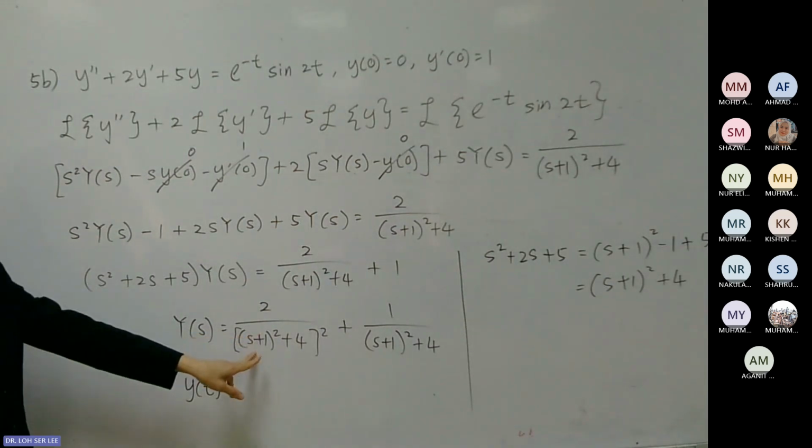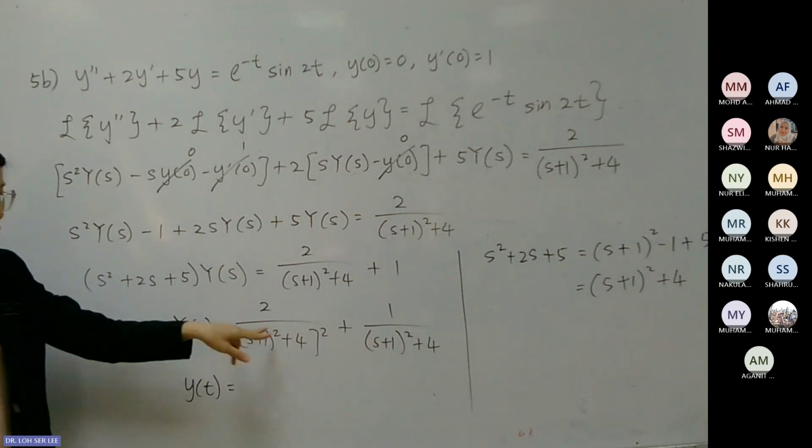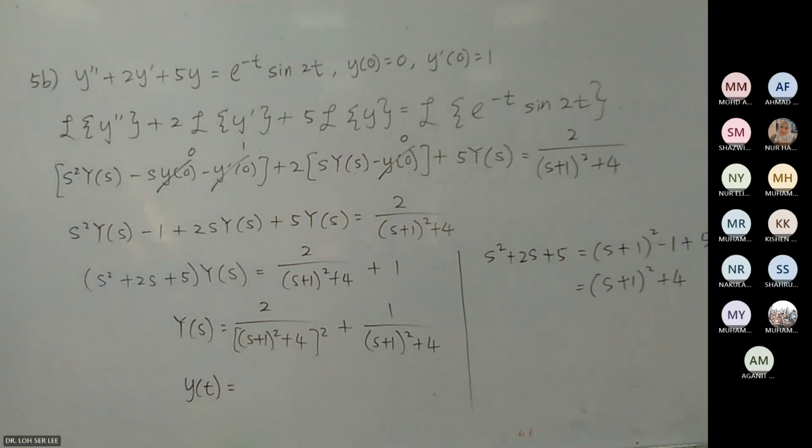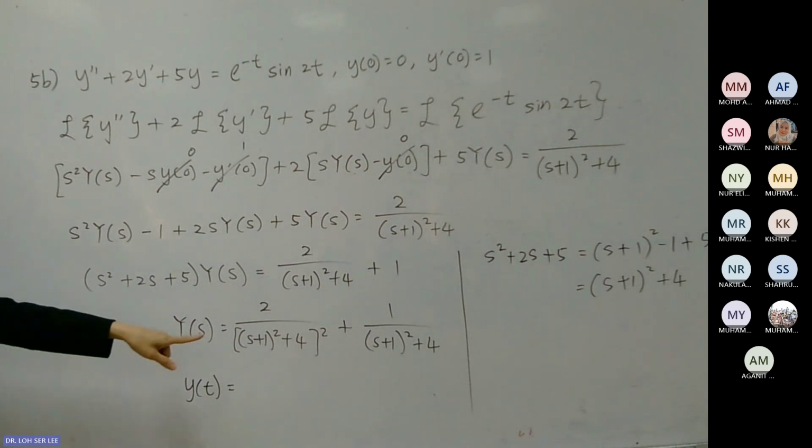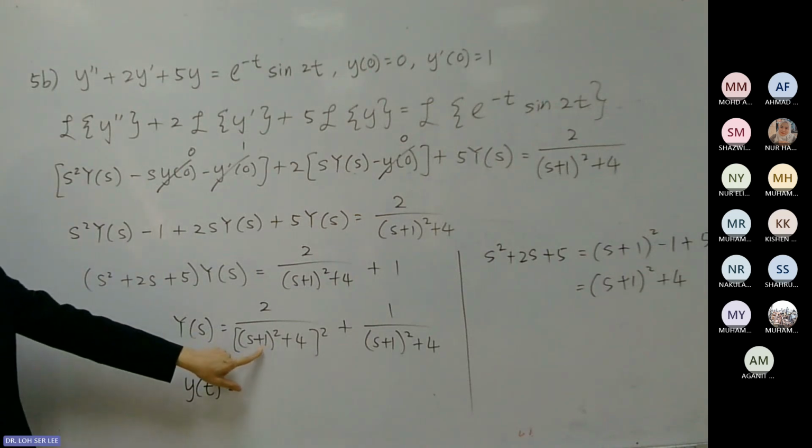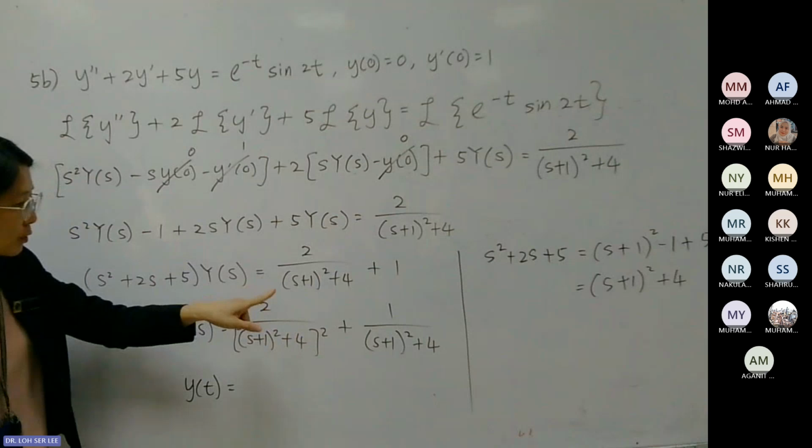Whenever you see s minus a bracket squared, what to do? First translation. We take out the plus 1 first, so there's no s here.